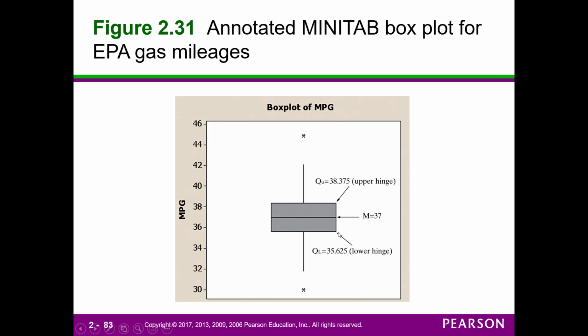Recall that QL represents the 25th percentile and QU represents the 75th percentile. By definition, then, the middle 50% of the observations, and this is the median, those between QL and QU, fall inside the box.